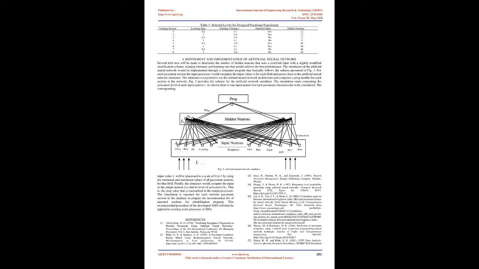2. Data preparation and selection of input and output parameters. Historical data from MD datasets from SHA pavement rehabilitation programs will be used to prepare the examples for training and testing the neural network using the following steps. Step 1. Create a database with all of the historical data of projects between 2010 and 2018.